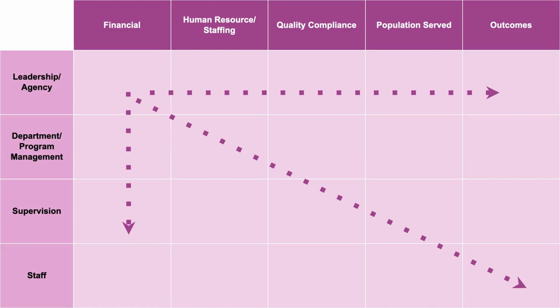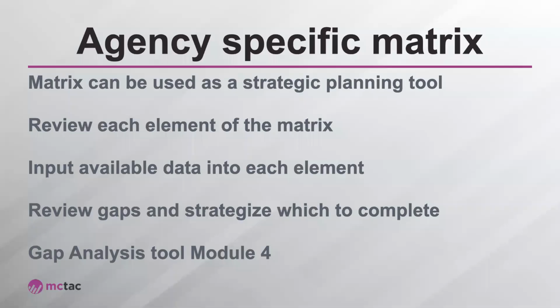As we look at this matrix, I hope it's going to be useful to think about where the gaps are in your data and the use of data, and begin to use this as a management tool, as a strategic planning tool. Look at the elements within this matrix, look at where you have data that's available within each of these elements, and look at the gaps and strategize which of the data that you don't have you want to get, you want to complete, and you want to be useful.